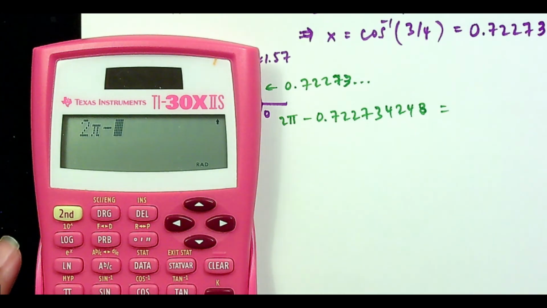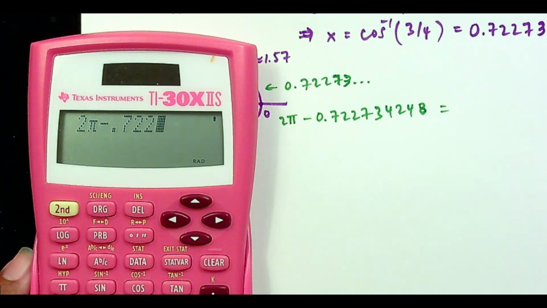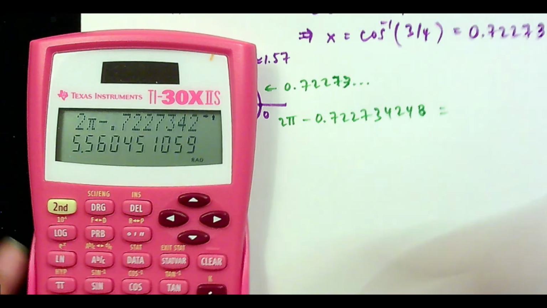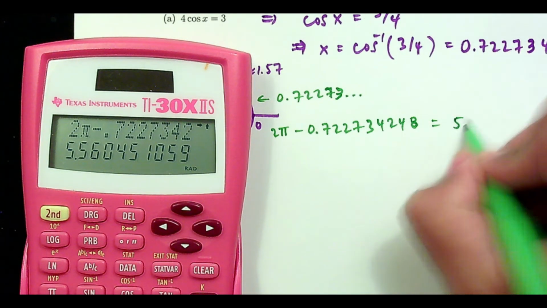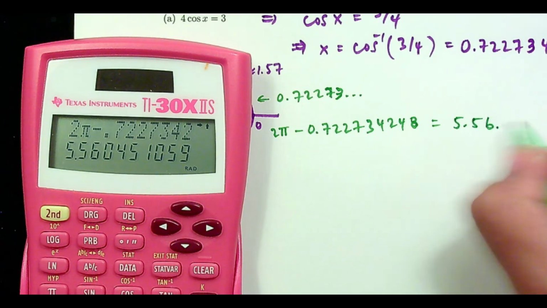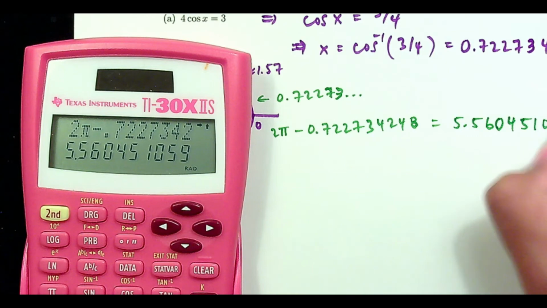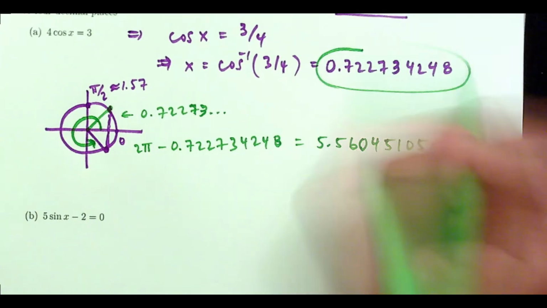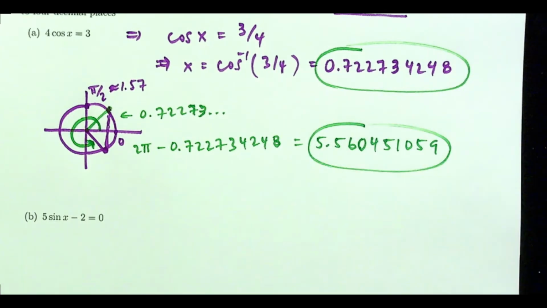So let's put this in the calculator. 2 pi minus 0.722734248. This is 5.5604511059. Okay, so now we're done. Now is when you round.